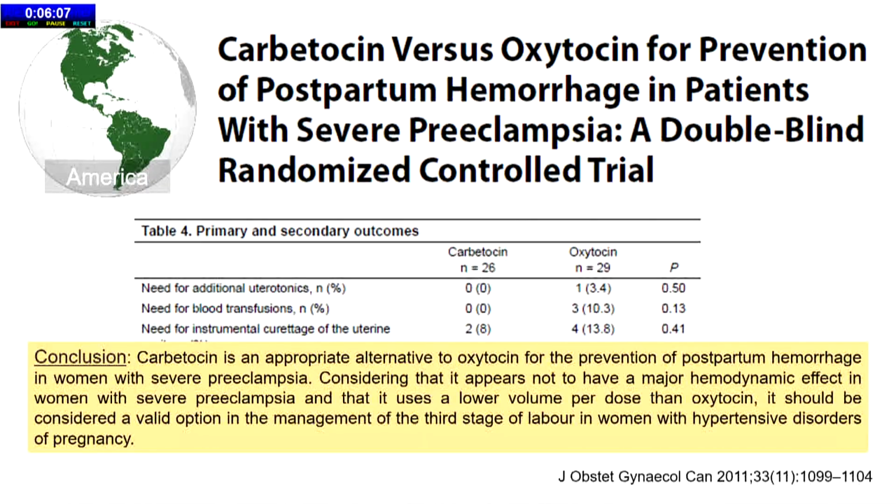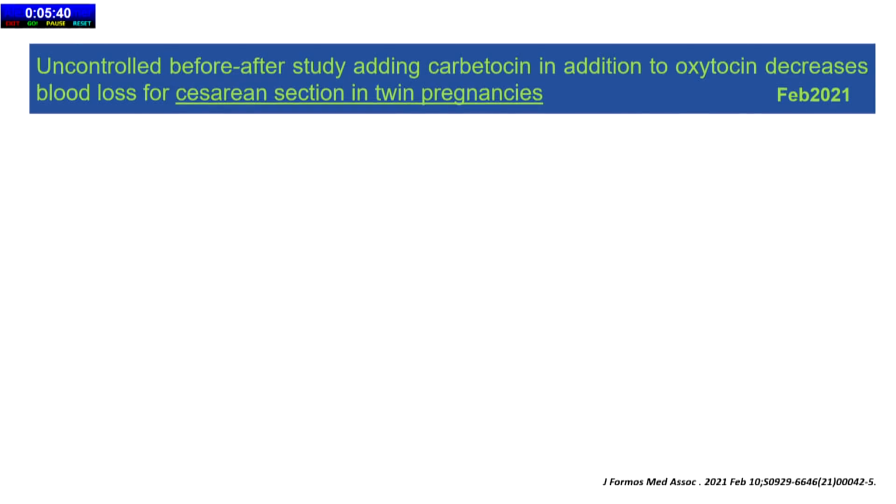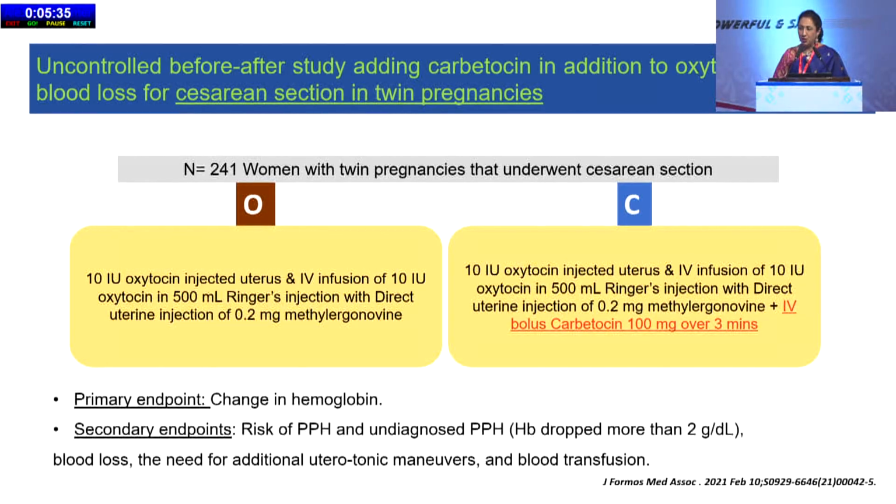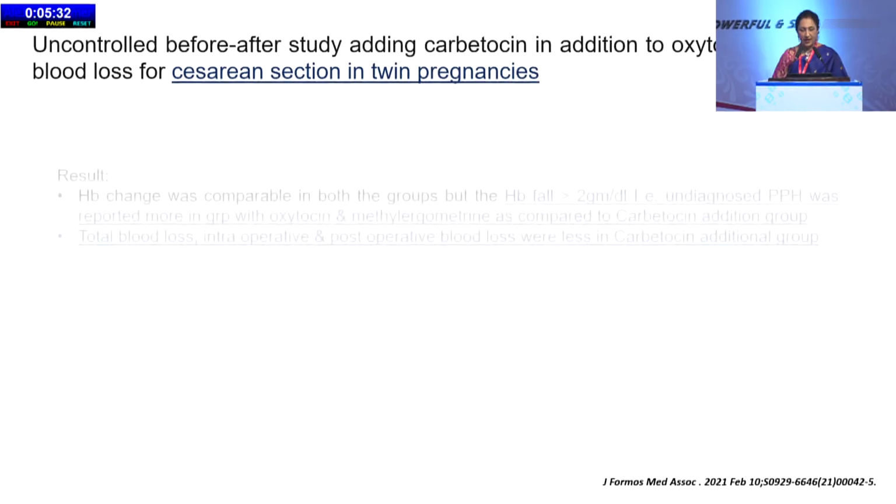The study said carbetocin is an appropriate alternative to oxytocin for preventing PPH in women with severe preeclampsia, considering that it appears not to have a major hemodynamic effect and that it uses a lower volume per dose than oxytocin. It should be considered a valid option in the management of the third stage of labor in women with hypertensive disorders of pregnancy. This was also tried in twin pregnancies that underwent cesarean section.